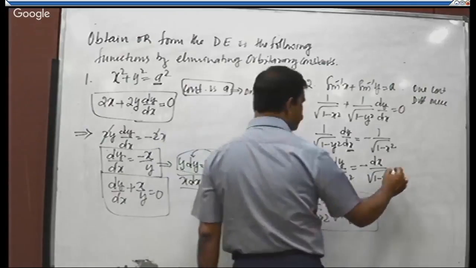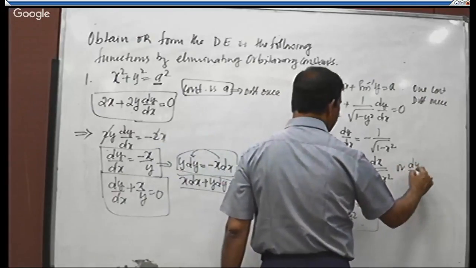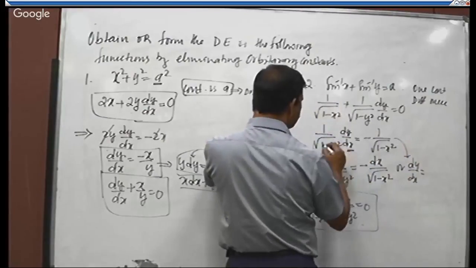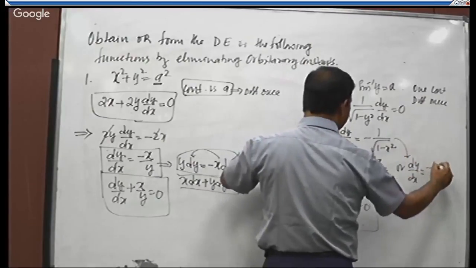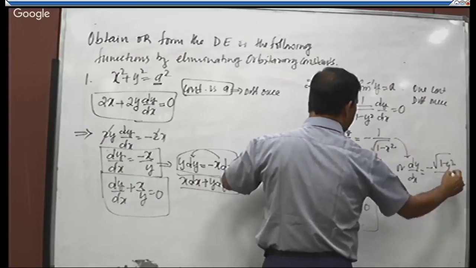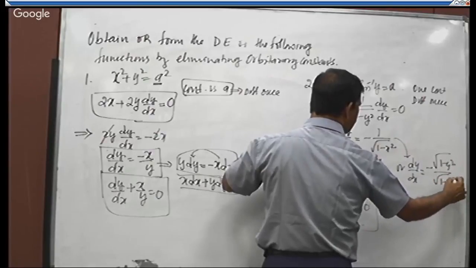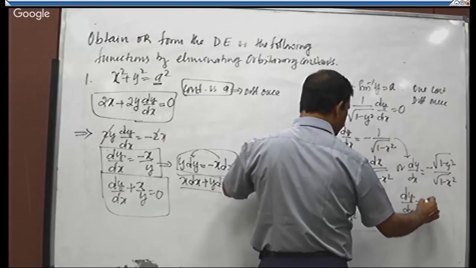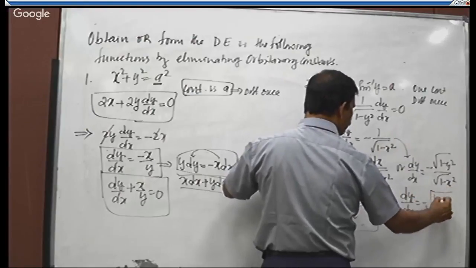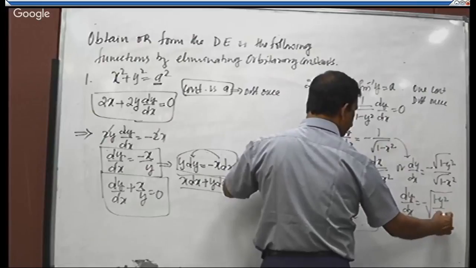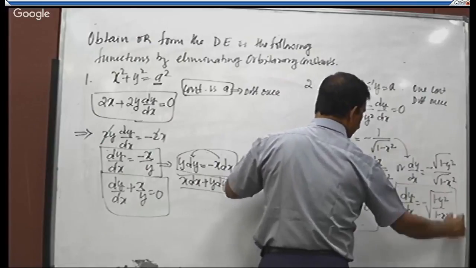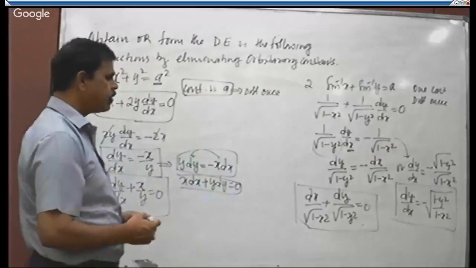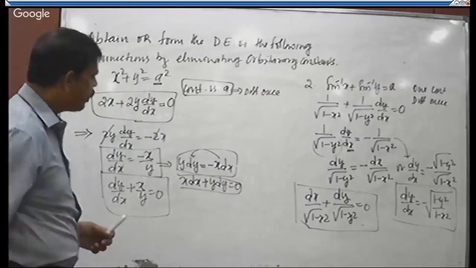Or you can write in this way: dy by dx is equal to minus of whole root of 1 minus y square by 1 minus x square. So this is the differential equation, right?